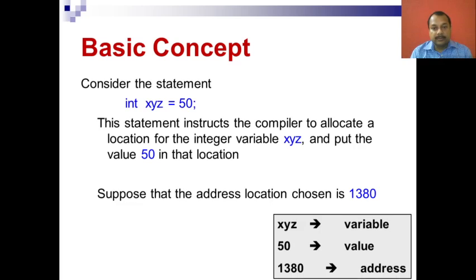So after this slide, what we summarized is xyz is the name of the variable, 50 is the content or the value, and 1380 is the address of that variable. Okay. So what will happen is that when you declare a variable like int xyz = 50, then during the compilation process, one memory location will be reserved and the address of that memory location I am assuming as 1380, and the content of the memory location will be 50.